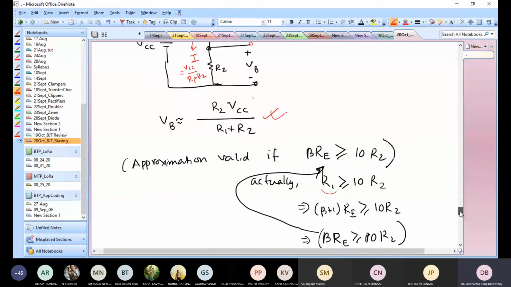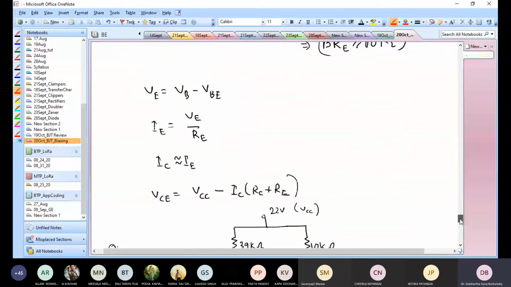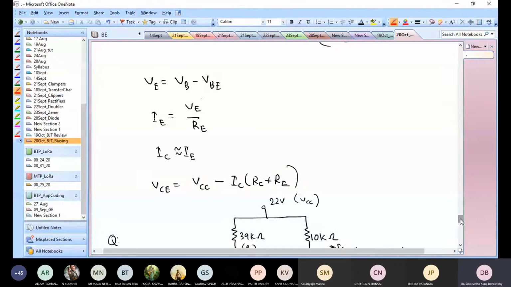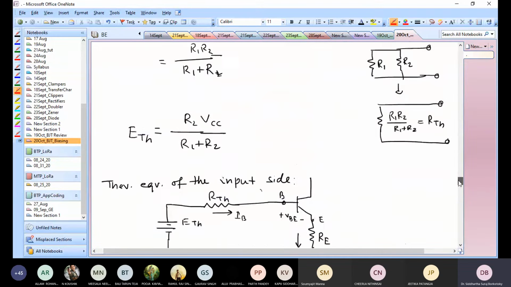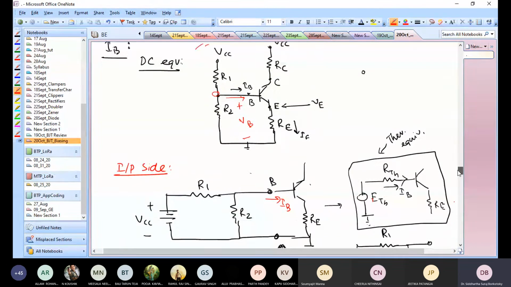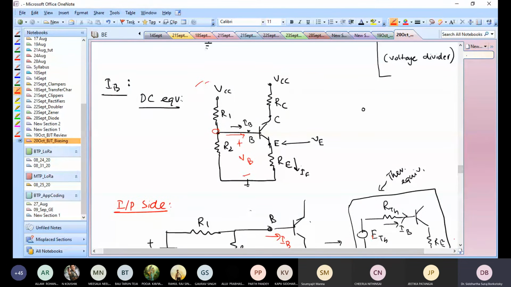Okay. So anyway, we know VB now. Once you know VB, finding out the other parameters is very easy. So what is VE? VE is just VB minus VBE. Does it make sense why VE is VB minus VBE? Because this point is at VB.